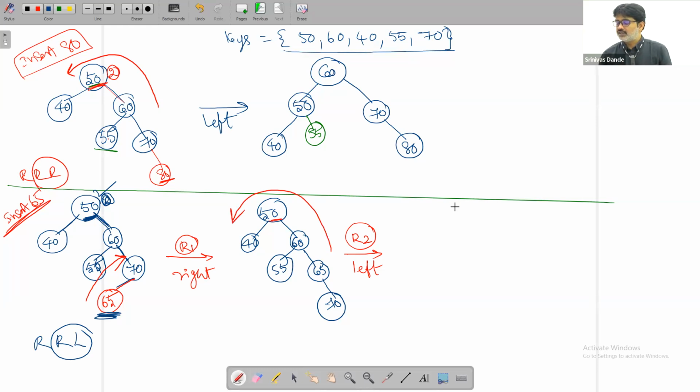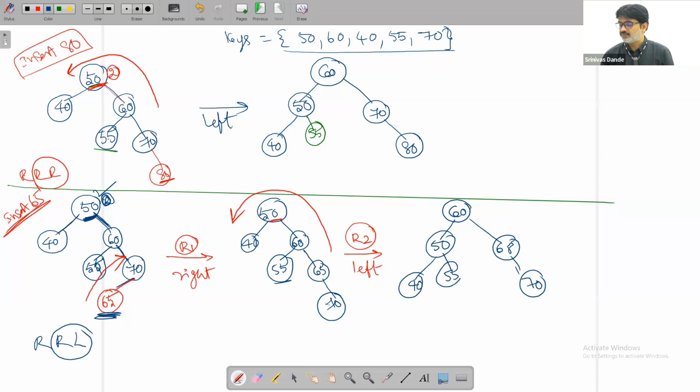Now here 60 becomes the root, and 50 becomes the child of this, 40 is there as the child. 60 has the child 65, and 65 has the child 70. Now 55 is pending. Where does 55 have to go? It comes to this side here. This is again perfectly balanced.